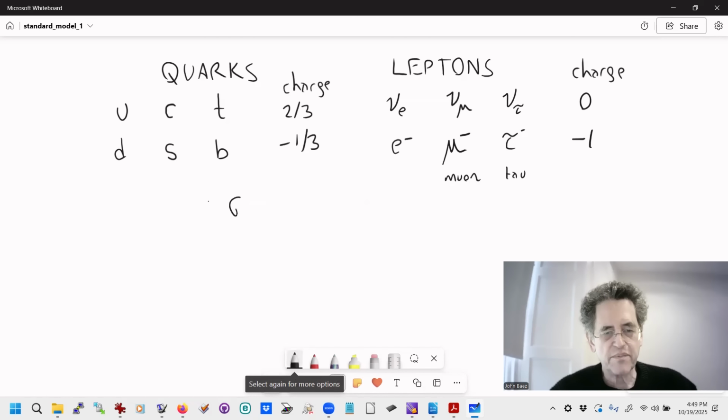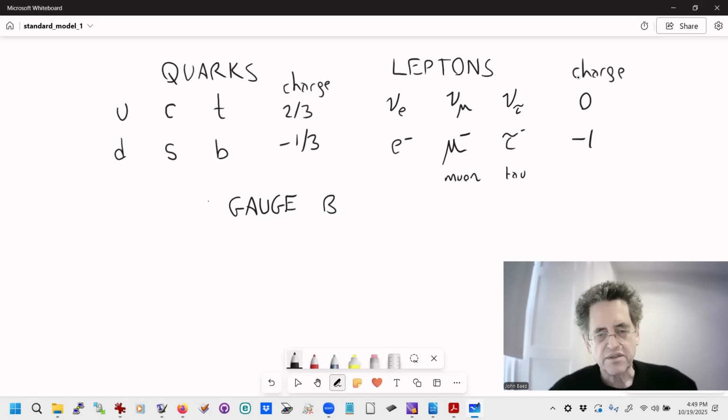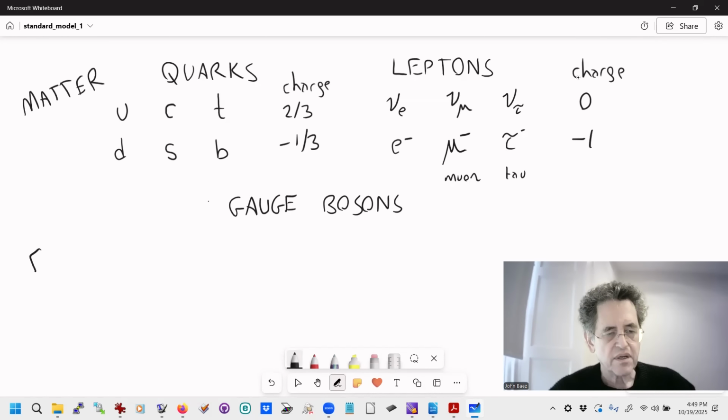So I started telling you about these gauge bosons. Those are the particles that carry forces. So the idea is that quarks and leptons form matter, whereas the gauge bosons are particles that carry forces.